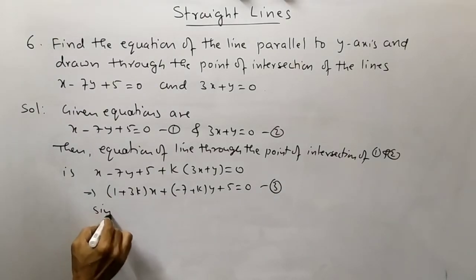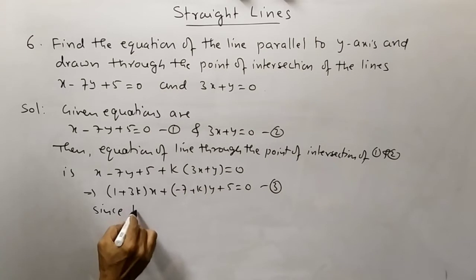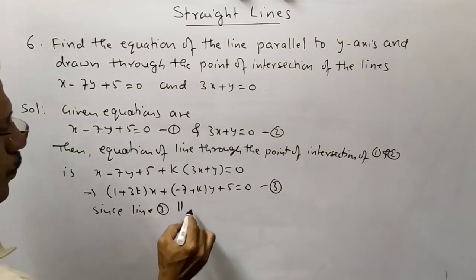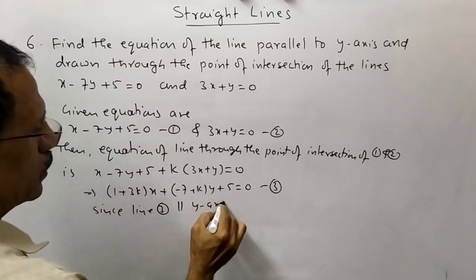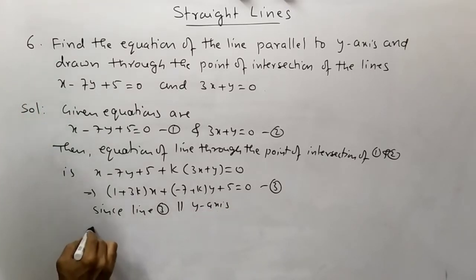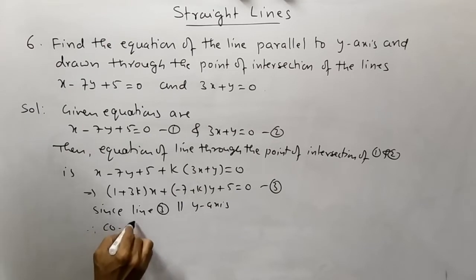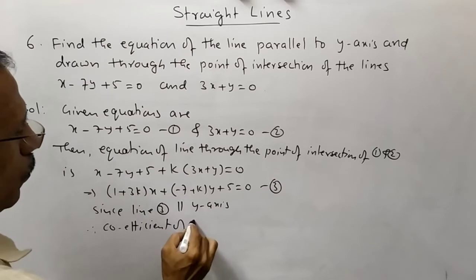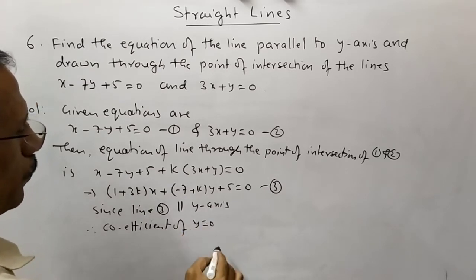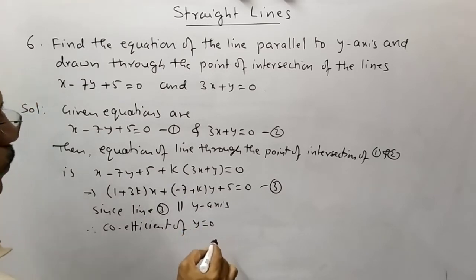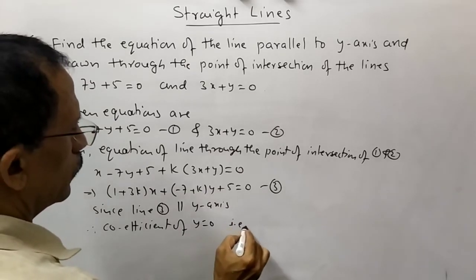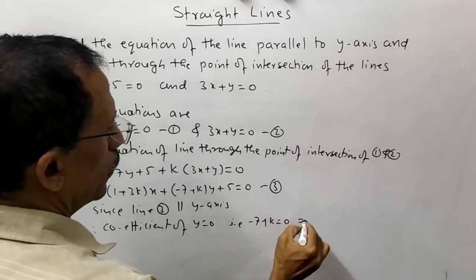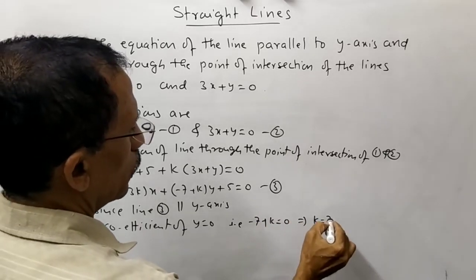Since line 3 is parallel to y-axis, therefore coefficient of y is equal to 0. That is minus 7 plus k is equal to 0, implies k is equal to 7.